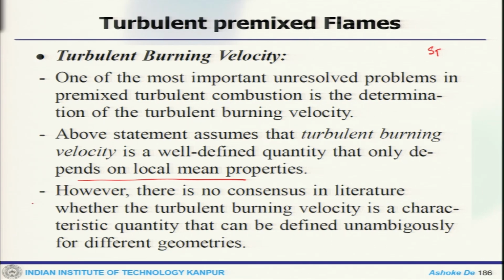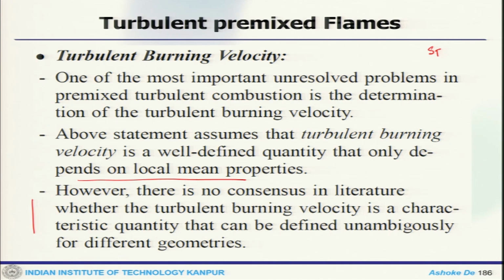That is another important point: the flame structure changes, and it also depends on the turbulent length scale and time scale. The large scale structure also depends on the geometry.